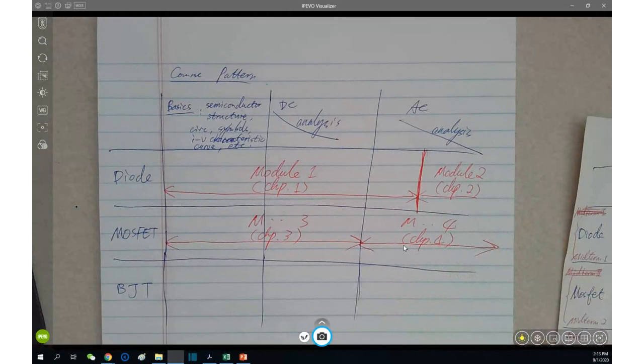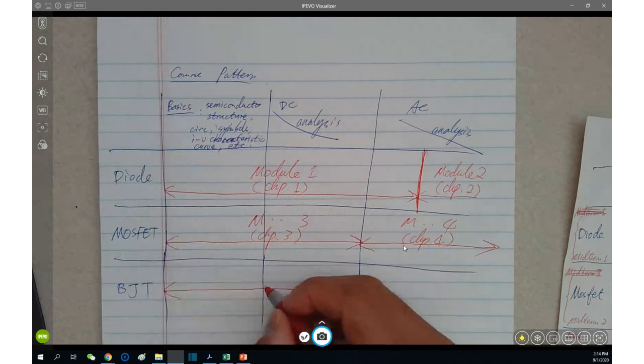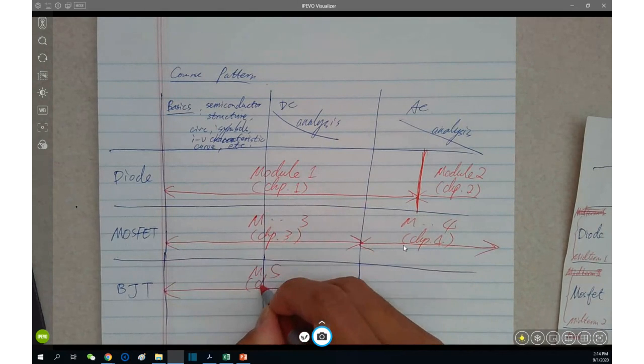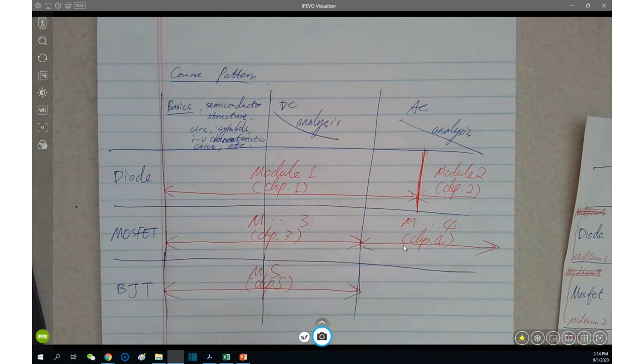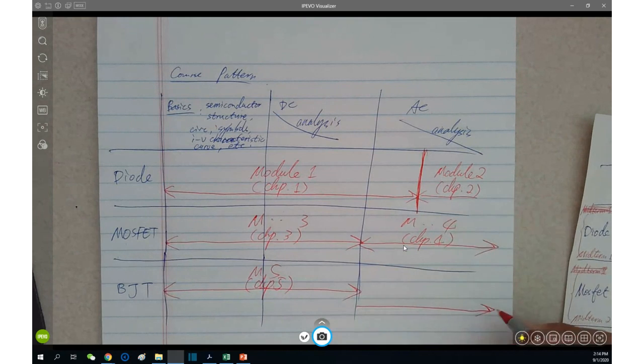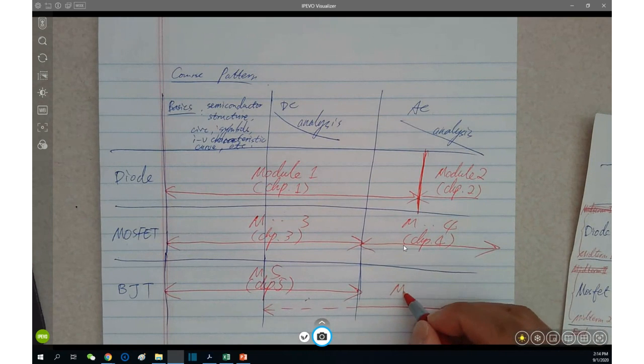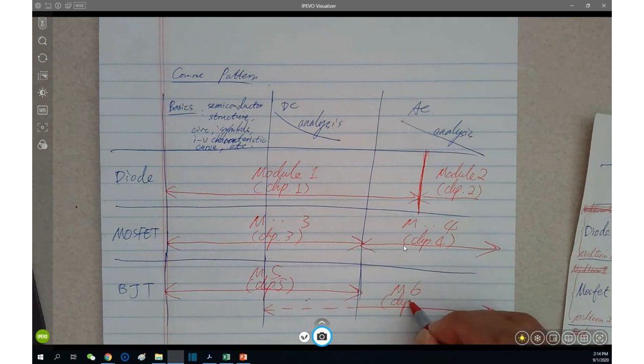And here, the basics and the DC analysis of the BJT belong to module 5 and chapter 5. And the AC analysis, actually a little bit overlapping with chapter 5, is module 6, or say chapter 6. Okay.